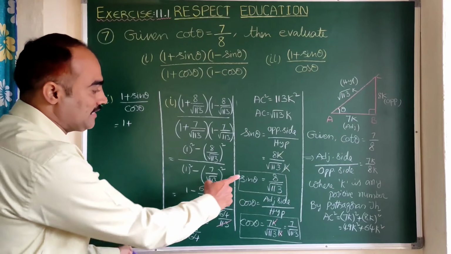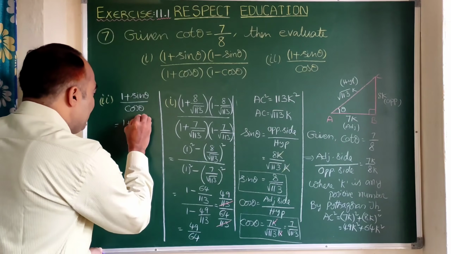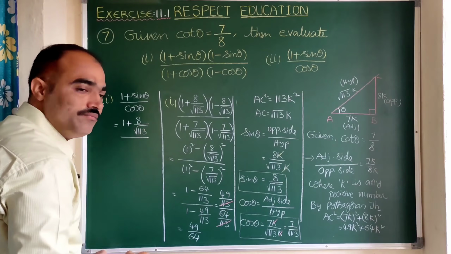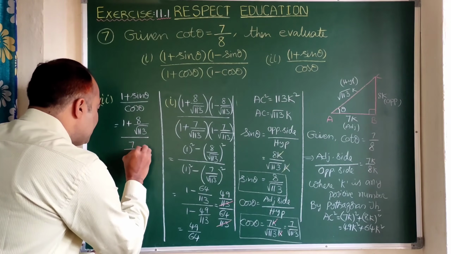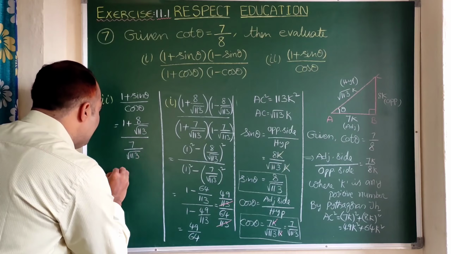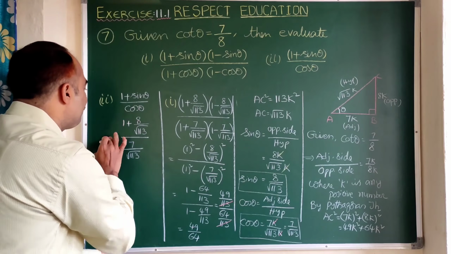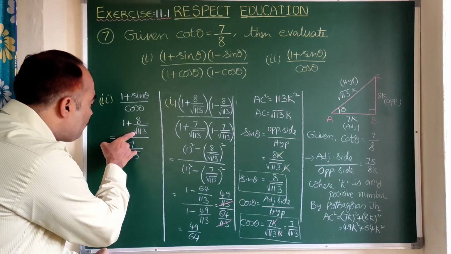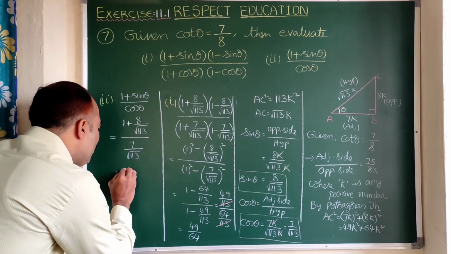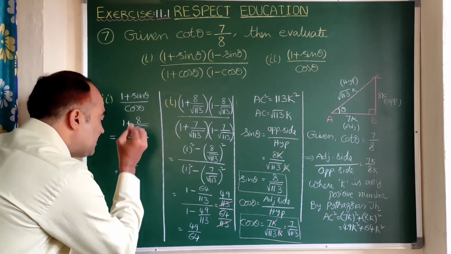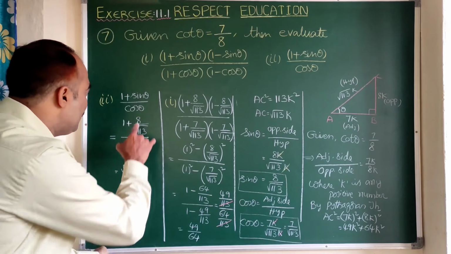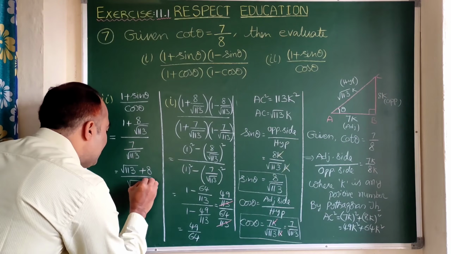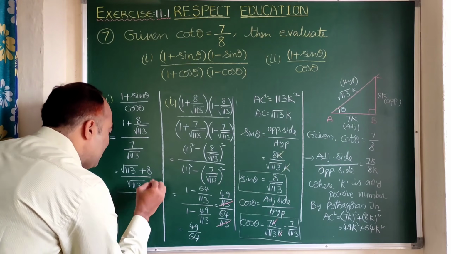What is the value of sin theta? 8 by under root 113 by cos theta value 7 by under root 113. Here what is the LCM? Under root 113 is LCM. So root 113 into 1, root 113 into 1, root 113 only. Clear? Plus 8, let us write as it is, by root 113 divided by.